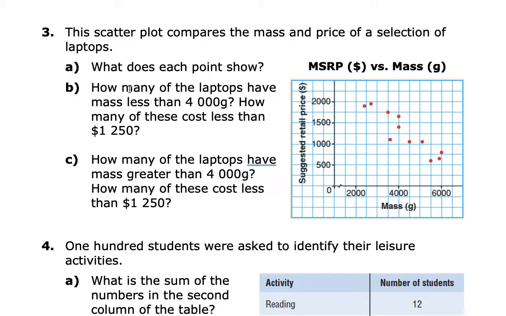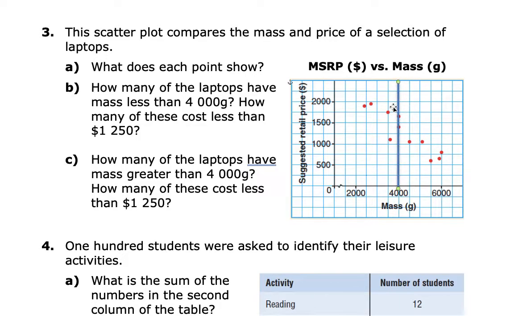How many of the laptops have mass less than 4,000 grams? So 4,000 grams is here, and left of that is how many there are that are less than 4,000. So 1, 2, 3, 4. I'm going to include just a line to show that division.